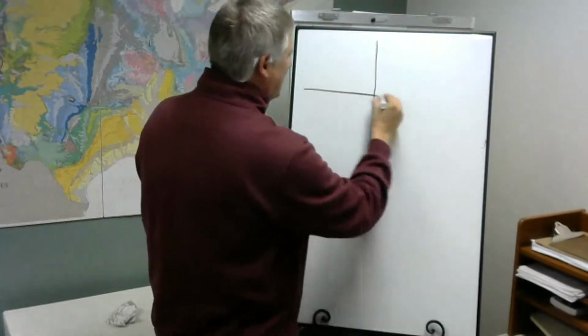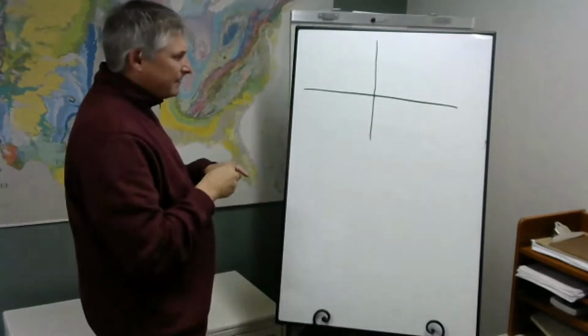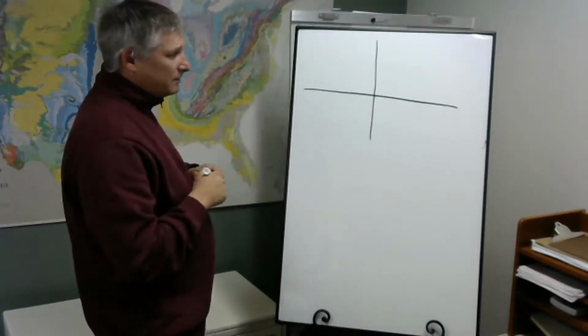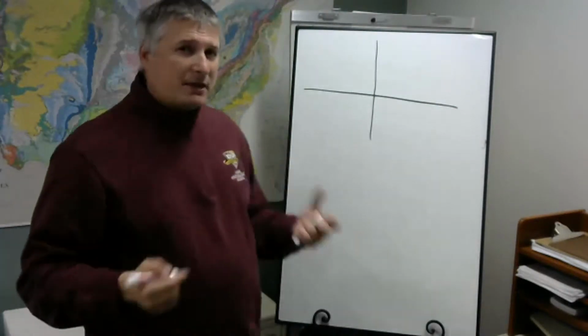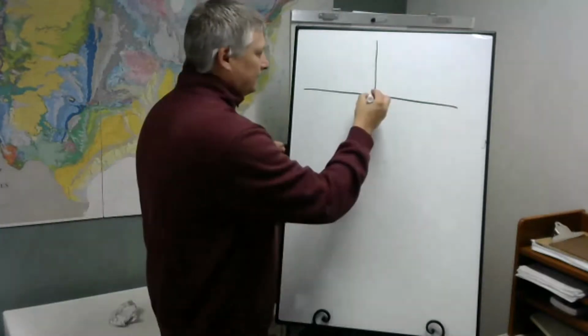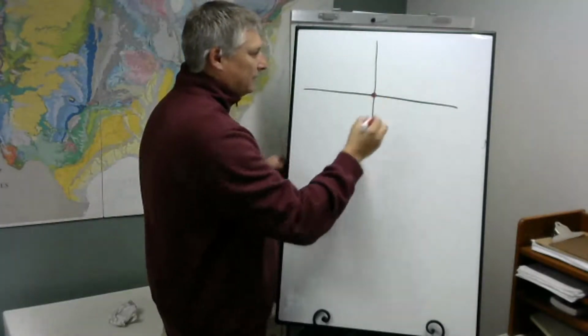Now we're still not done. We still need to look at test points, but let's see what we have so far. We found out the x-intercept and the y-intercept is the same point at the origin.